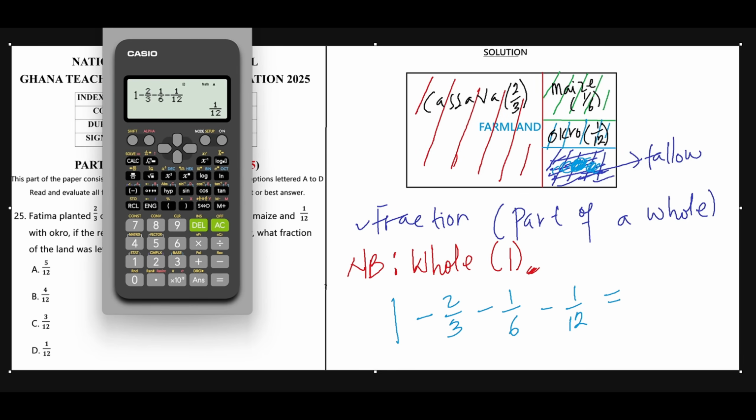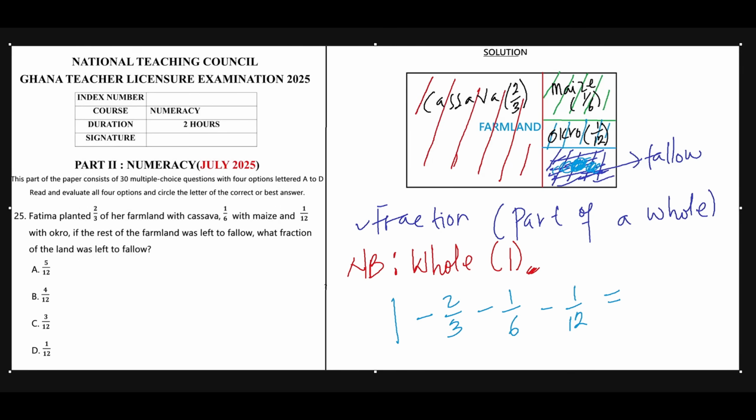So we still have 1 out of 12. So we select option D.